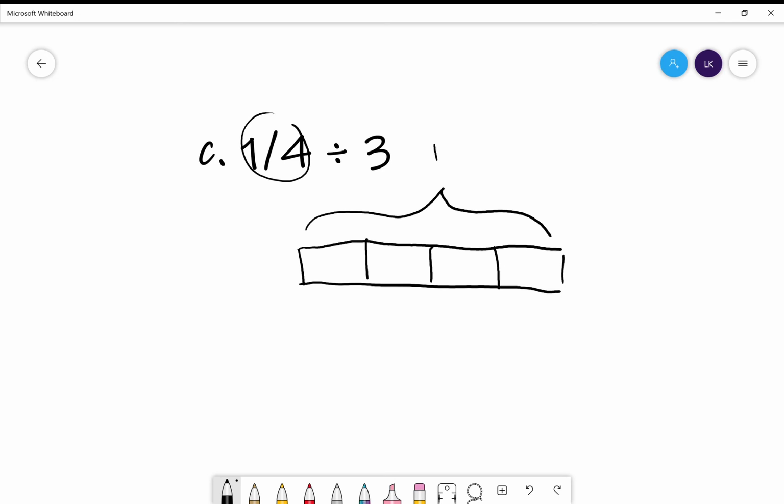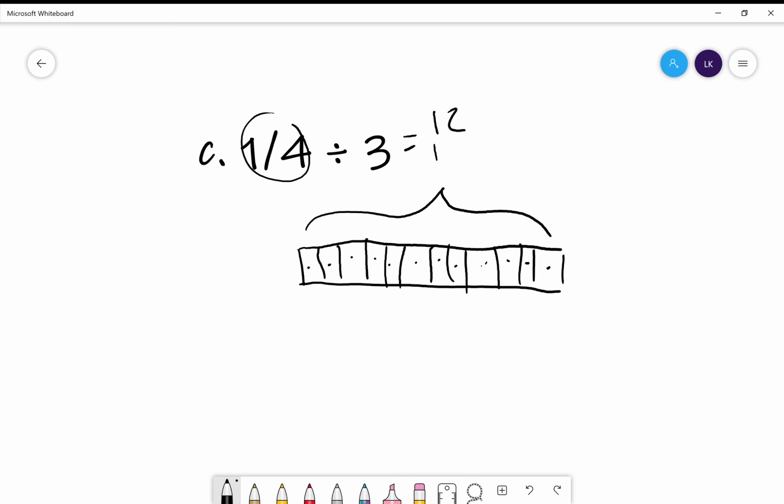Divide this into 4 parts. Then I'm going to divide each section into 3 parts. 1, 2, 3, 1, 2, 3, 1, 2, 3, 1, 2, 3. 1, 2, 3, 4, 5, 6, 7, 8, 9, 10, 11, 12. 12 parts total. 1/4 divided by 3 is equal to 12.